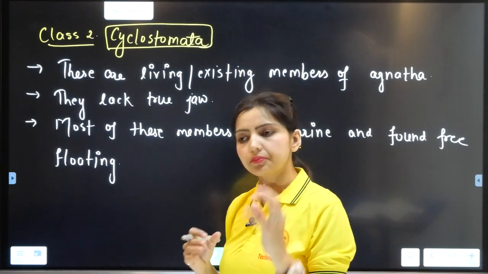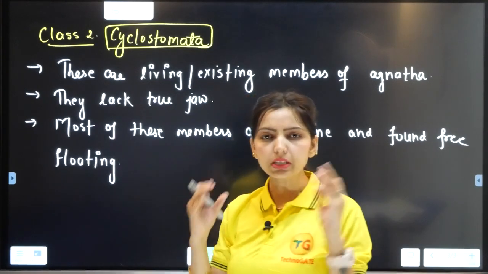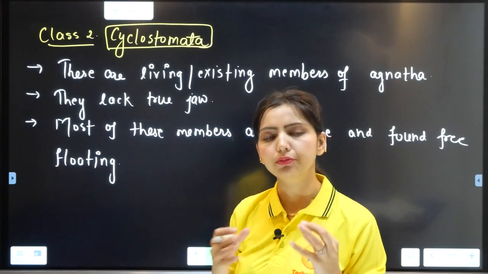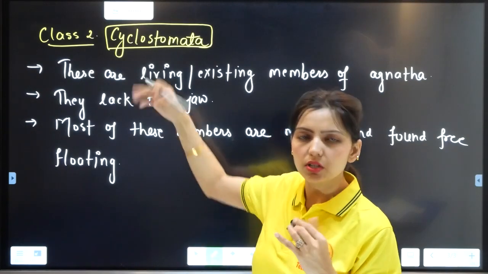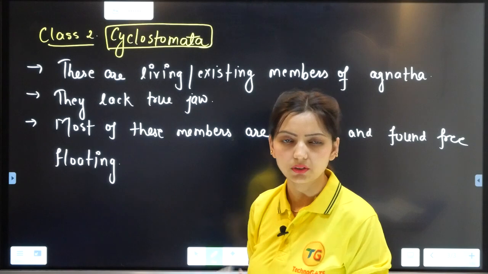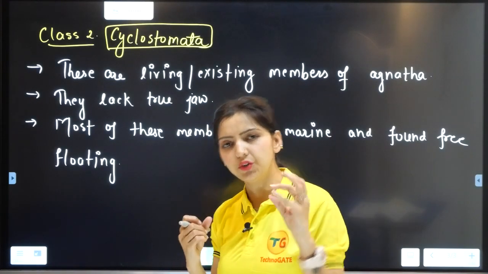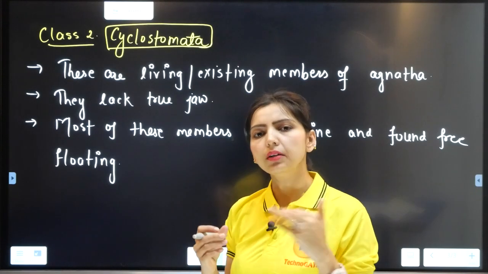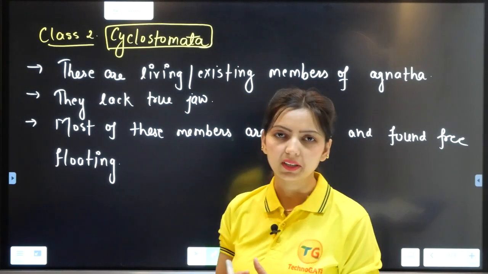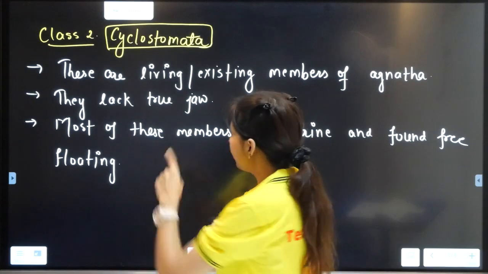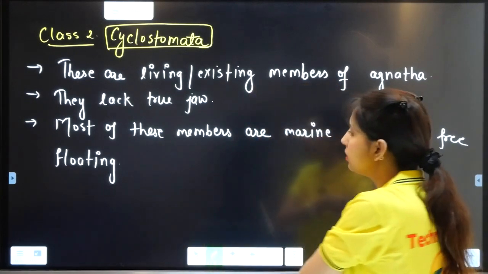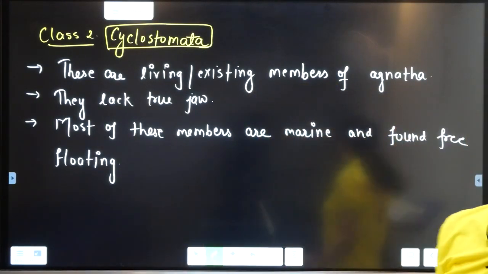But from later on, you must have a basic idea that if it is mentioned, that point is already hidden behind it. So be very active and apply a little bit of IQ. It will increase your accuracy and speed. So now, most of these members are marine and found free floating in water.